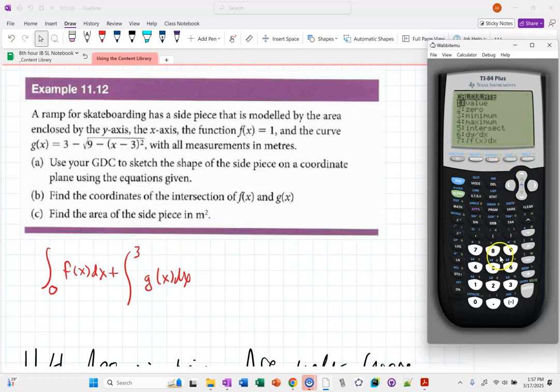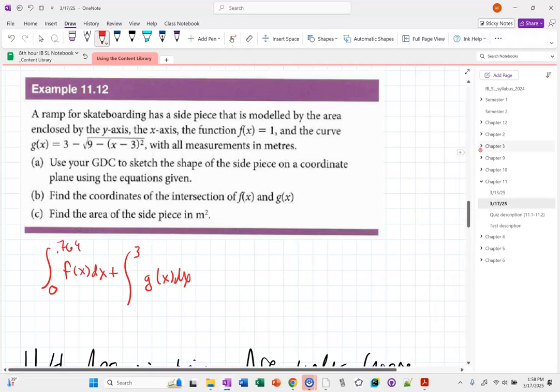So second trace, intersect command, enter. For a guess, I probably have to move it closer because there are two intersections, and I want to make sure I get the one I'm interested in. Yeah, so 0.764. So that's our answer for part B.